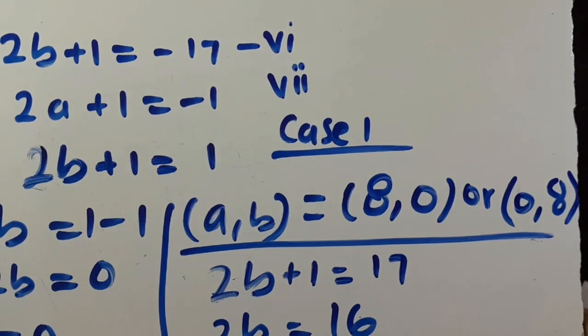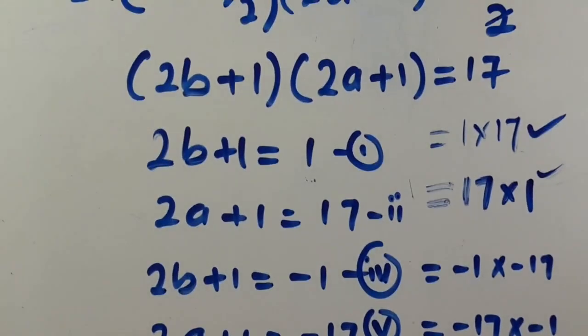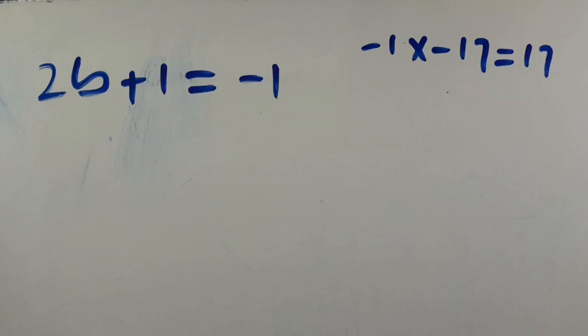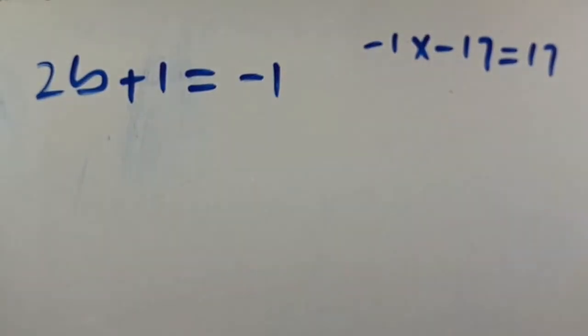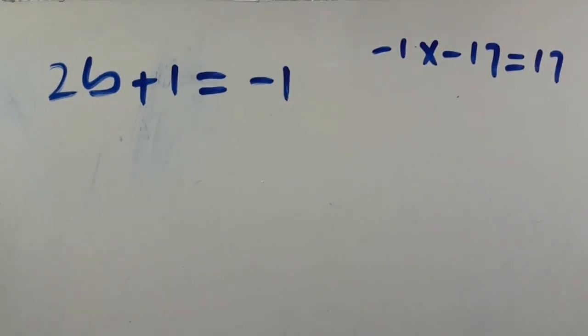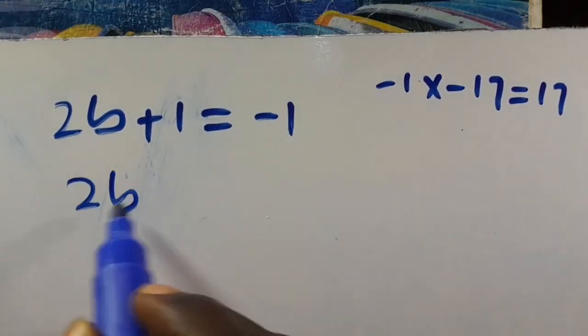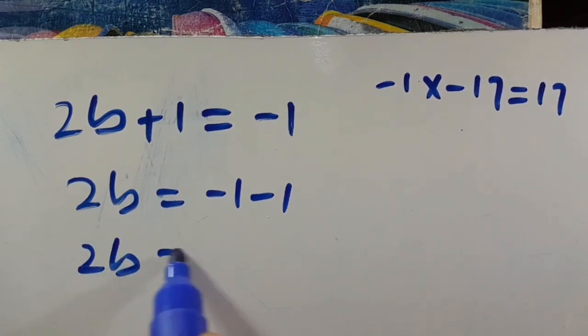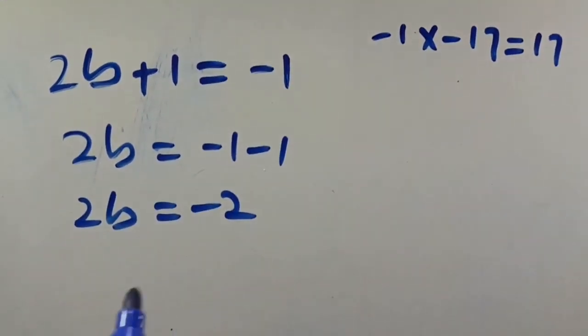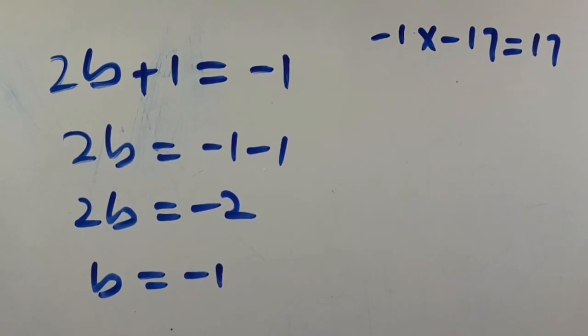Then let us go along with negative integers and see what will happen. So when we go along with this one, 2b plus 1 will be equals minus 1. And this implies that we are going to have 2b to be equals minus 1, minus 1 here. Then we have our 2b to be equals minus 2. This implies that our b will be equals minus 1.